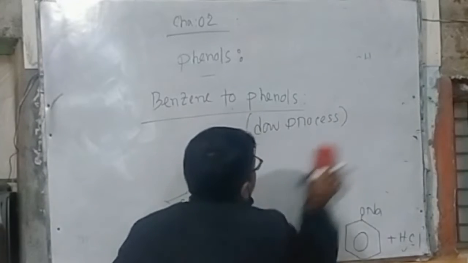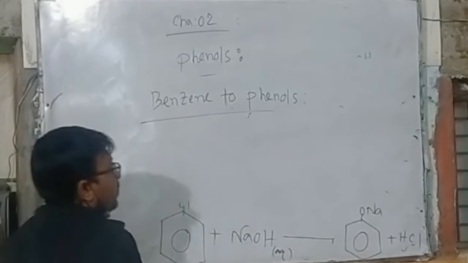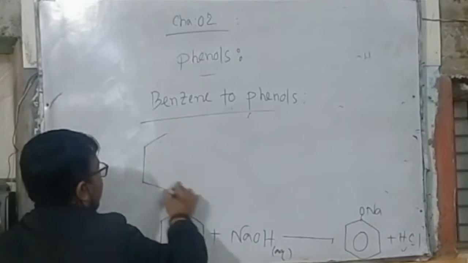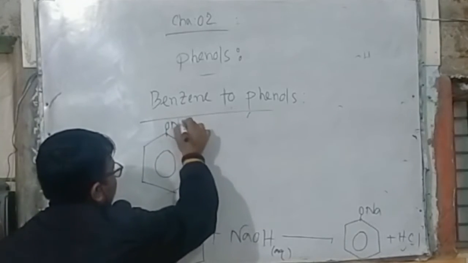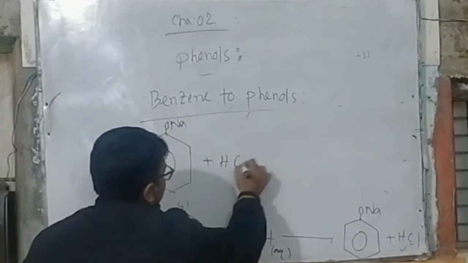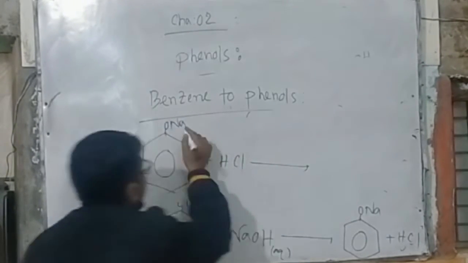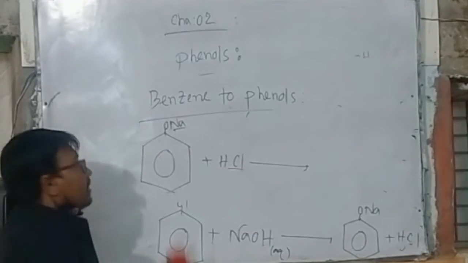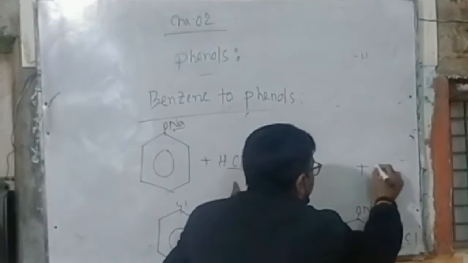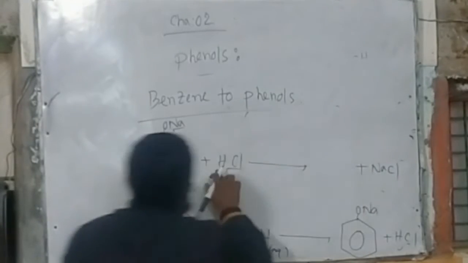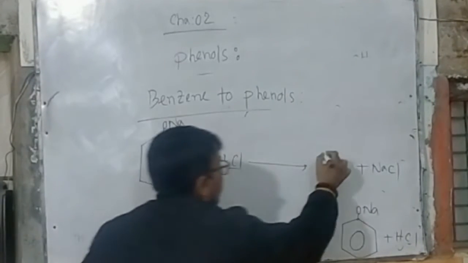This sodium phenoxide reacts with HCl again. Sodium reacts with chlorine and makes sodium chloride, and hydrogen reacts with oxygen to make phenol.